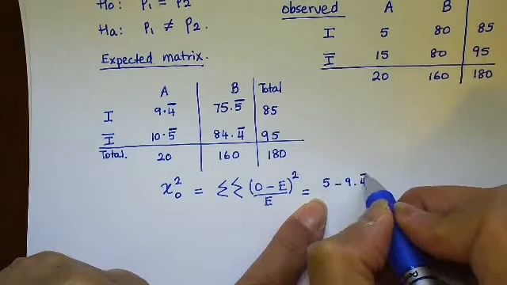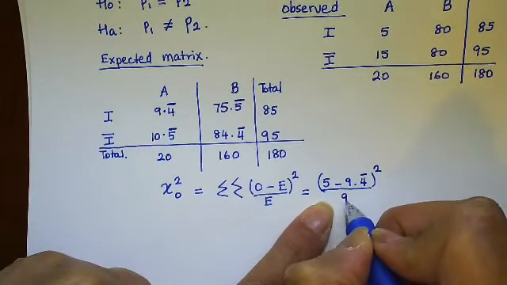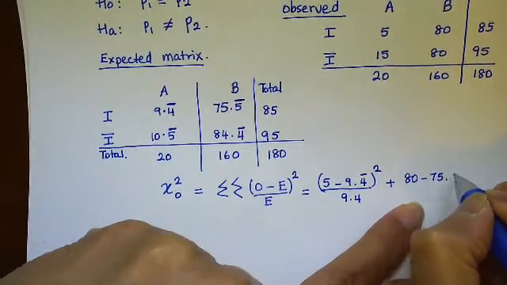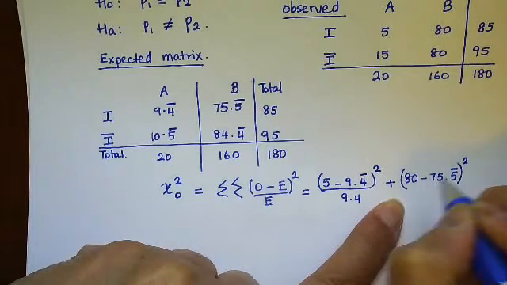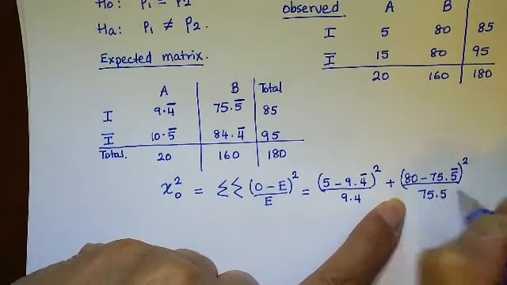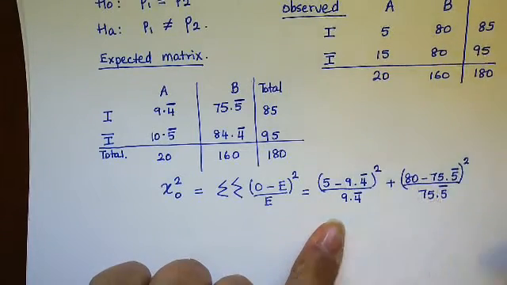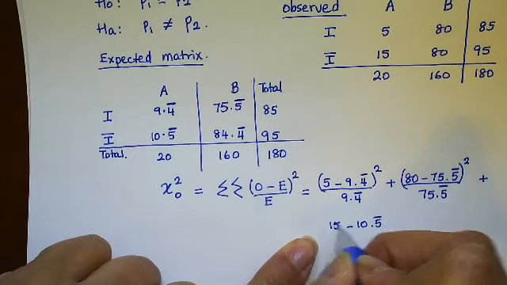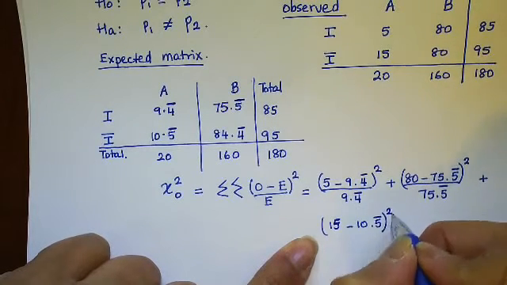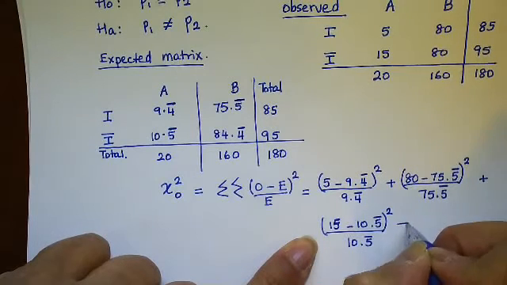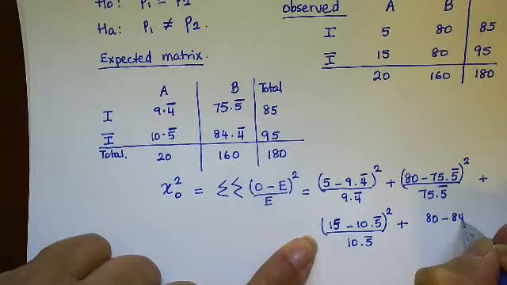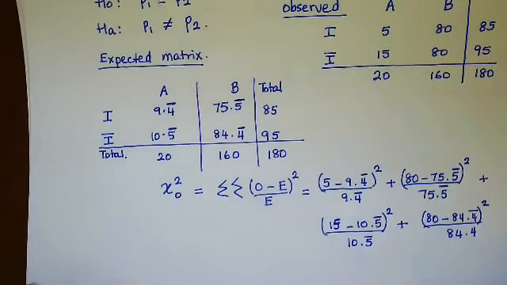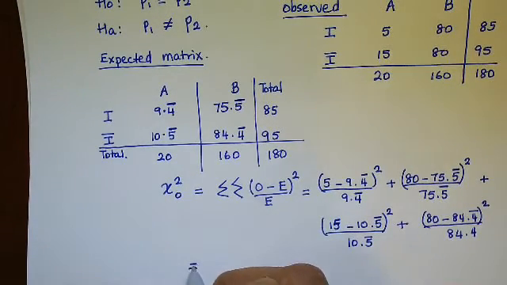So that gives me 5 minus 9.4 repeating squared over 9.4, plus 80 minus 75.5 repeating squared over 75.5 repeating, plus 15 minus 10.5 repeating squared over 10.5 repeating, plus 80 minus 84.4 repeating squared over 84.4.